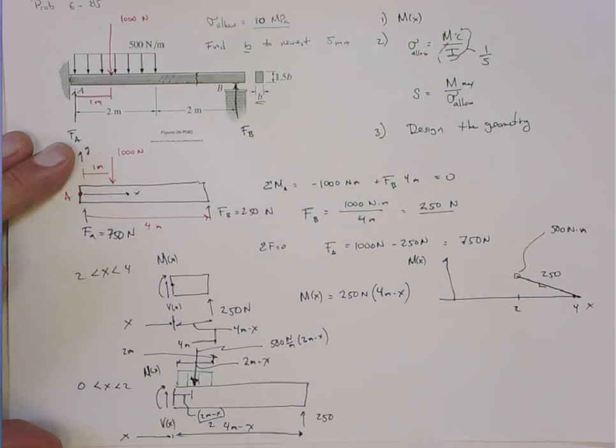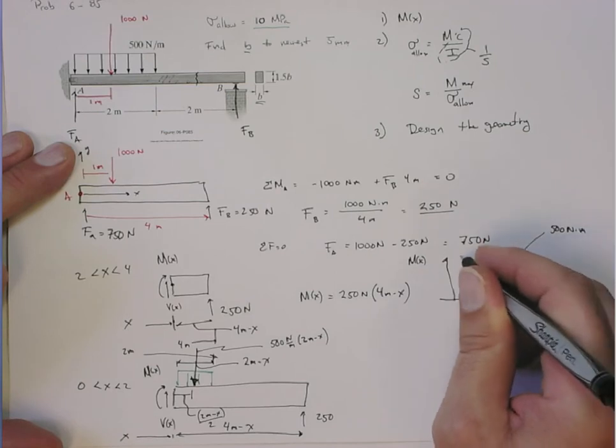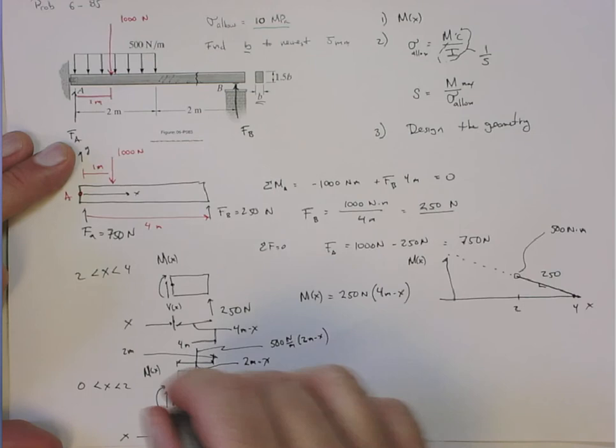All right. So this 250 is still going to exist, and it's still going to have the same exact form. So actually, you can imagine this goes up. Now we basically just have to add the moment due to this guy. Now it's going to be a negative moment.